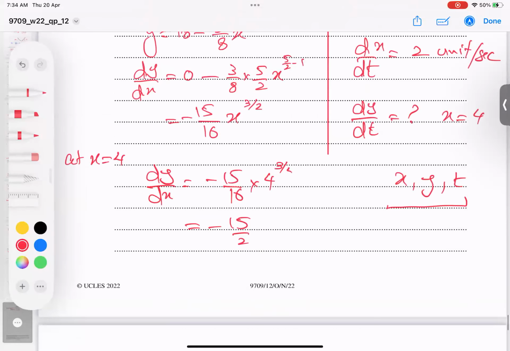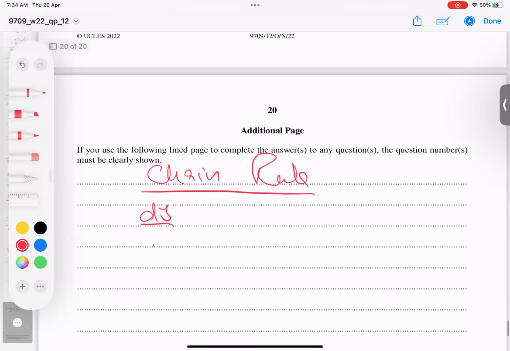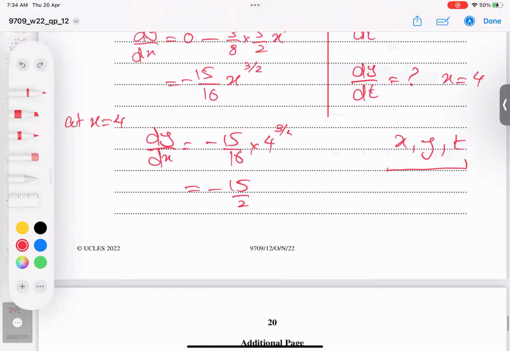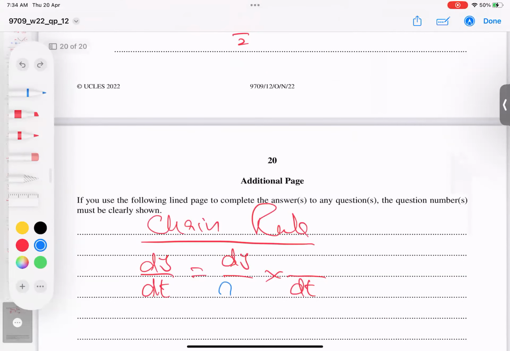What is the demand? dy over dt. Start from there. Write two fractions. This will come in the first numerator, this will go in the second denominator. Now what comes here and here is the same always. And the third variable is, you can see, very clear, dx, dx.